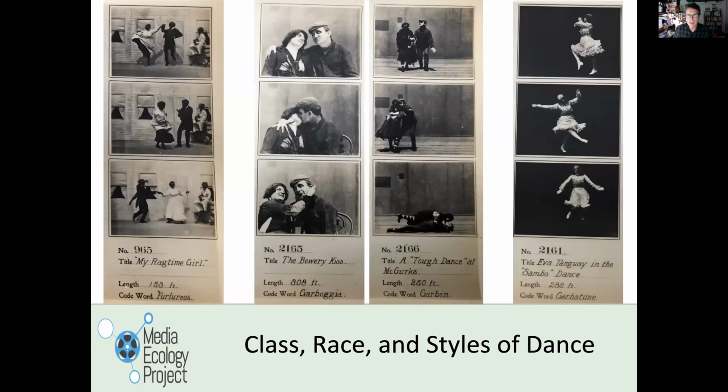Class and race have a lot to do with styles of dance, and I find all of these examples really compelling. There's a kind of a buoyancy to the examples on the edges, and very kind of frank eroticism regarding the Bowery dancers in the middle.